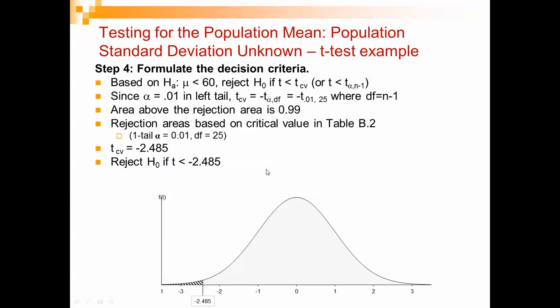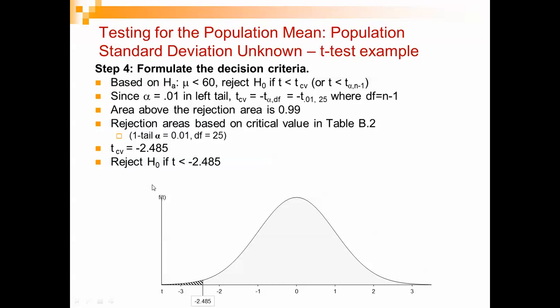The rejection area is based on the critical value in table B2, and that's in the back of your book also. The alpha level is 0.01, degrees of freedom is 25. We go to the back of our book and we find that the t critical value is 2.45, or in this case it's a negative 2.45 because we're looking at a less than situation.